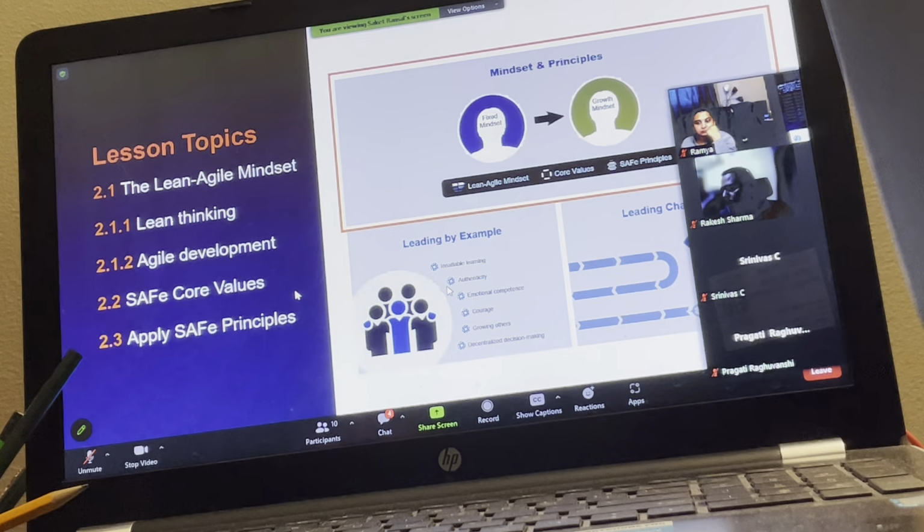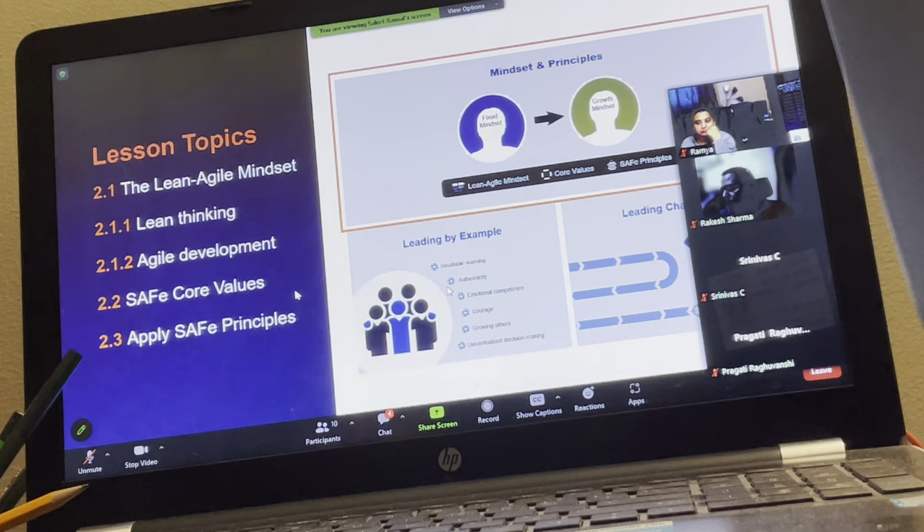Now the SAFE thinking. They are saying that this thinking can be mapped to a leadership business agility competency. So in the business agility competency space, we had one called lean agile leadership, if you recall. And the essence of lean agile leadership is, SAFE is saying, in order to have business agility, your leader should be agile first.